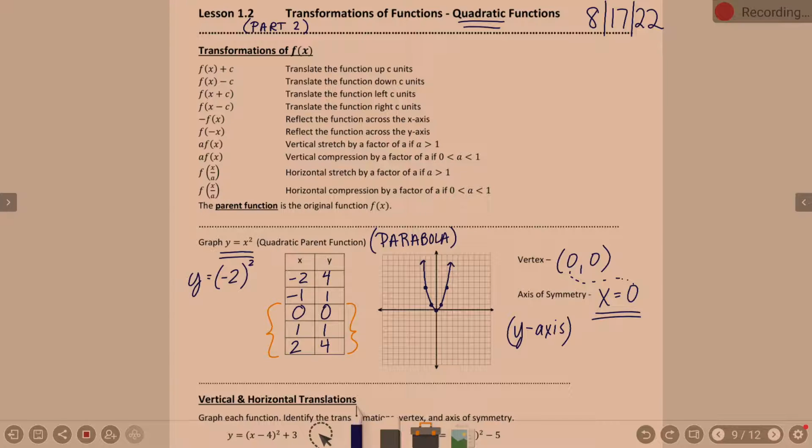So the axis of symmetry is always x equals a number, and the number is always the first number from the vertex. That rule still applies. Makes life easy today. Questions? As I said, my suggestion is that you pretty much memorize 0, 0, 1, 1, 2, 4, because then you can graph the right half of the parabola and reflect it for the left half.